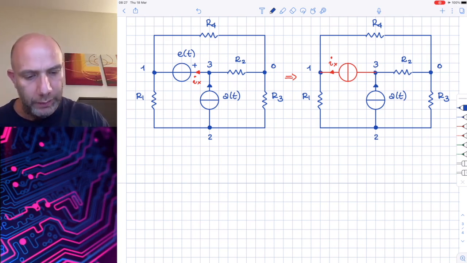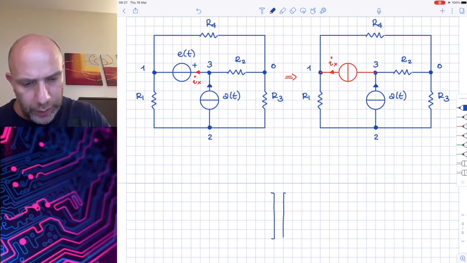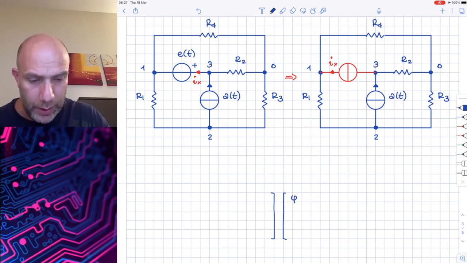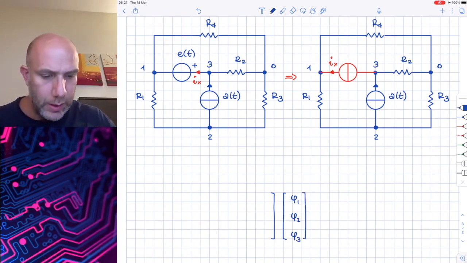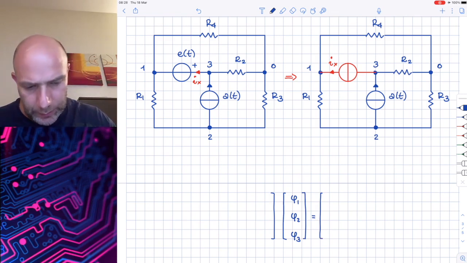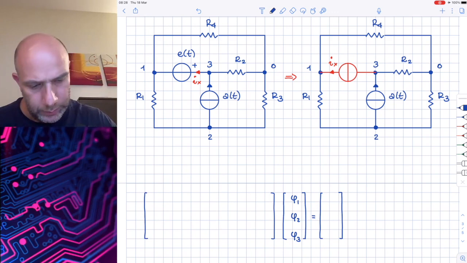So we will have a coefficient matrix that, multiplied by the vector of unknowns made by phi 1, phi 2, and phi 3, gives the right-hand side that is made by the contributions of generators.